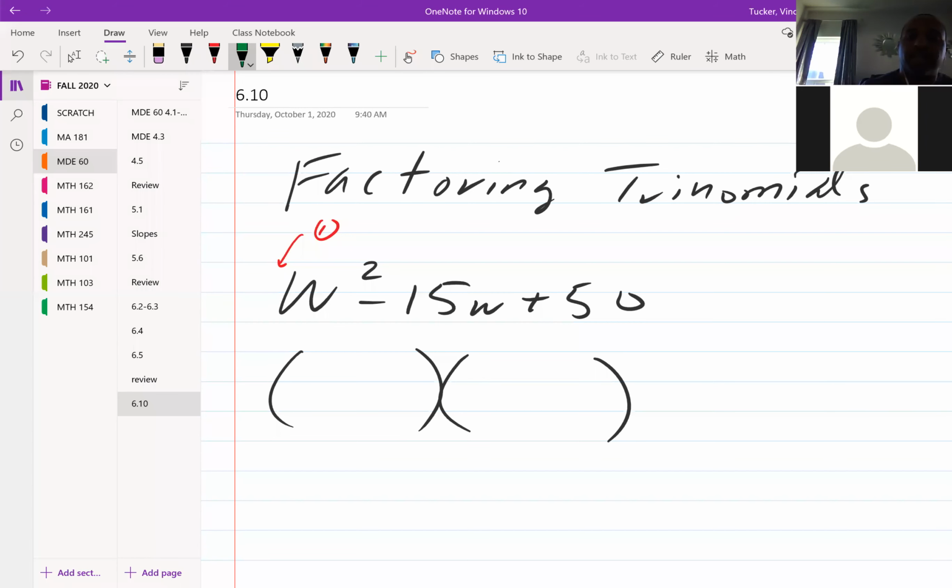Look at the back sign first. If your back sign is positive, that means the signs in your parentheses will be the same. And this front sign tells us which sign to use. So that means both of our signs will be negative.